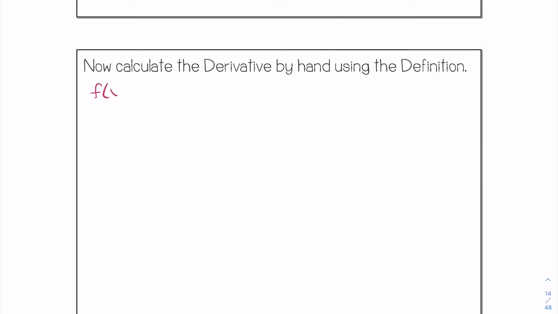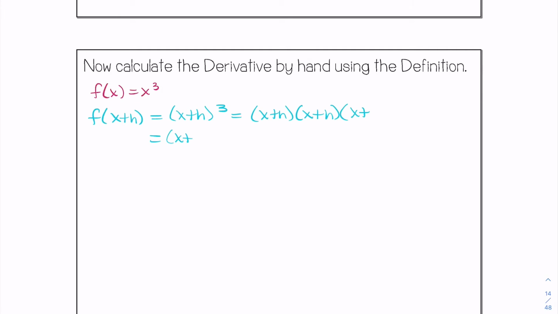So f of x equals x cubed, and then f of x plus h is going to be x plus h cubed, which is going to be x plus h times x plus h times x plus h, which I'm going to do some of this math now. I'm going to multiply the first two, which will give me x squared plus 2xh plus h squared.